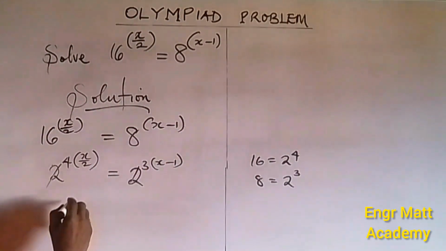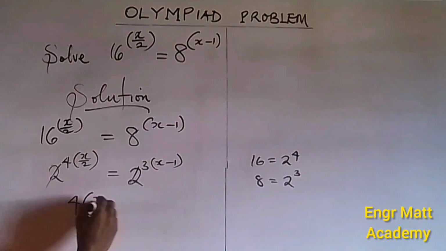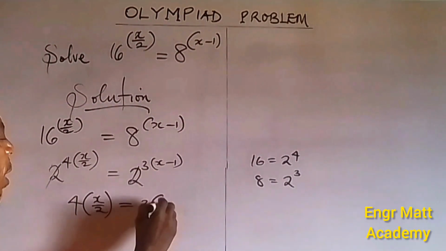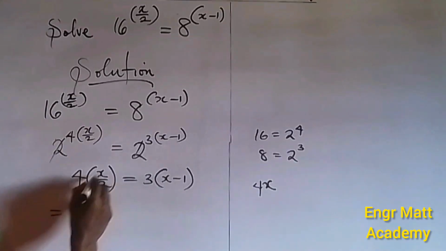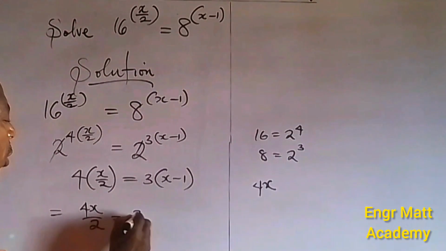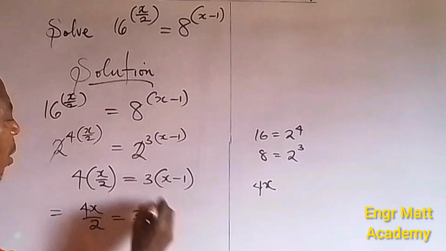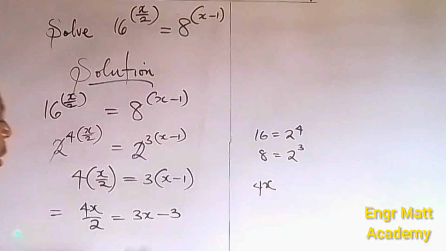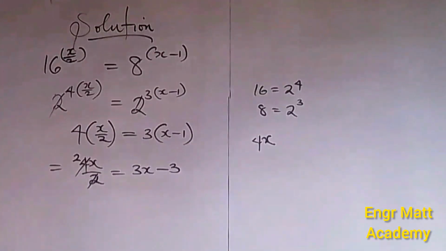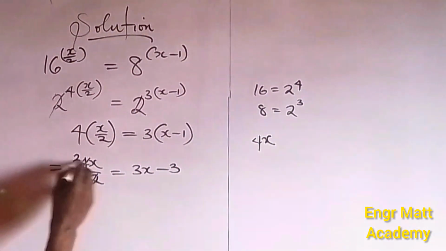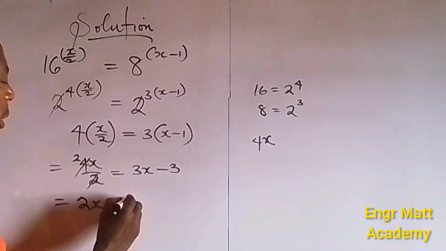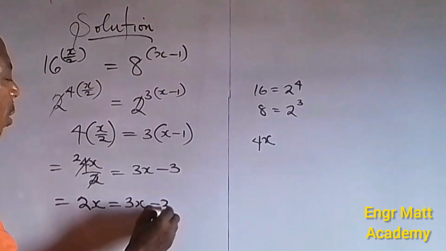So we have 4 times x over 2 equal to 3 times (x minus 1). 4 times x will be 4x over 2 equal to 3 times x, 3x, 3 times minus 1, minus 3. Now 2 will cancel 4 to give us 2. We now have 2 times x is 2x equal to 3x minus 3.